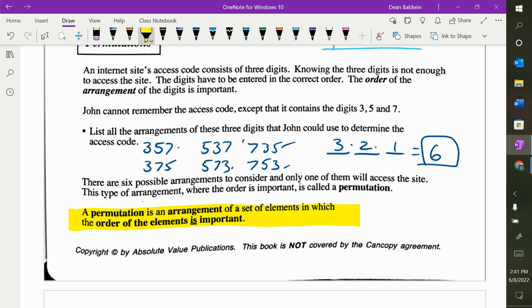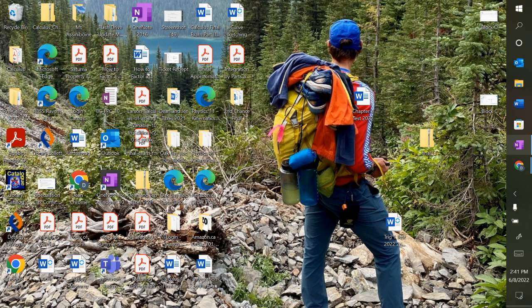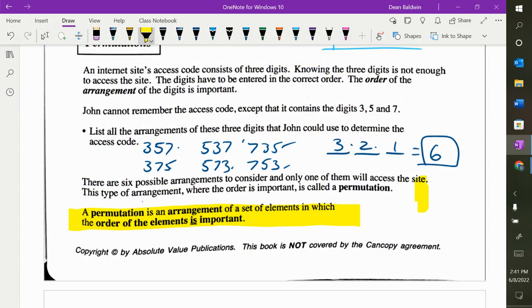Now, what's 3 times 2 times 1 written in factorial notation? That's the same as 3 factorial.